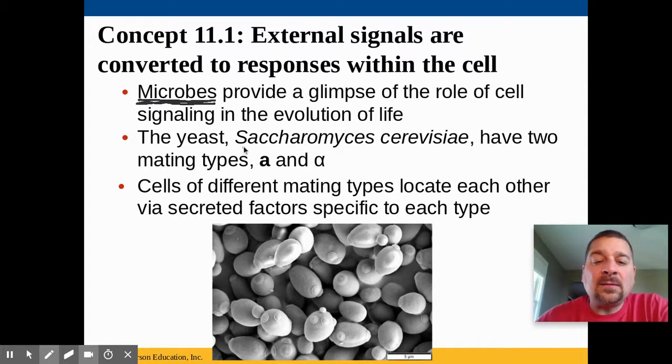One of the first common things they looked at was Saccharomyces cerevisiae, the yeast cell that we often use to make alcoholic drinks, beer and wine and spirits. They noticed that there were two mating types, A and alpha. The different mating types secreted factors specific to each type, and it's how the mating types found each other.